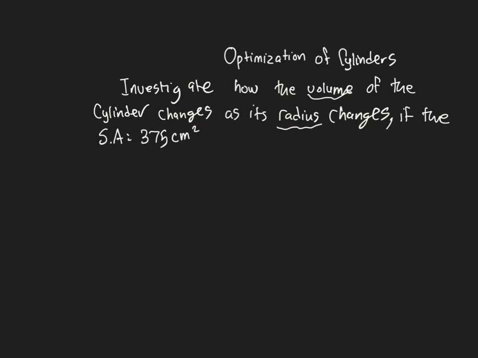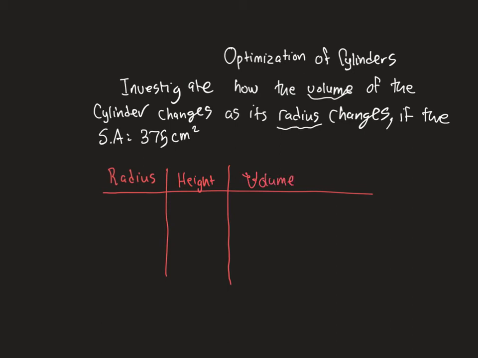All right, so let's make our table. So radius, height. What else do we need? We need volume. And finally, surface area. Now, obviously, my surface area is always going to be 375.